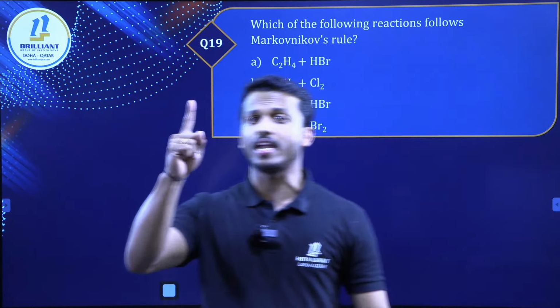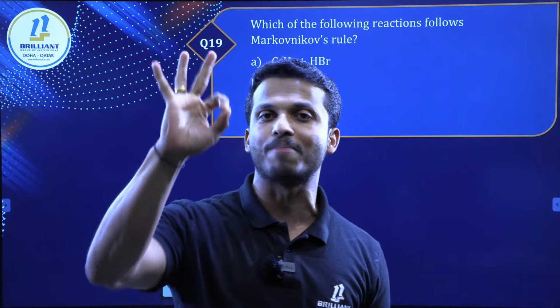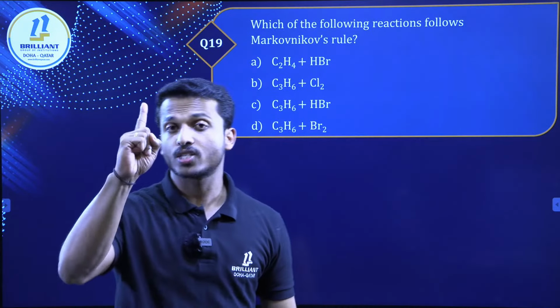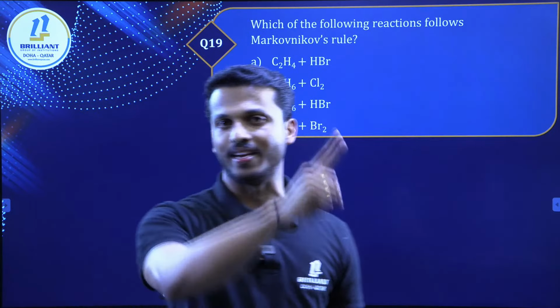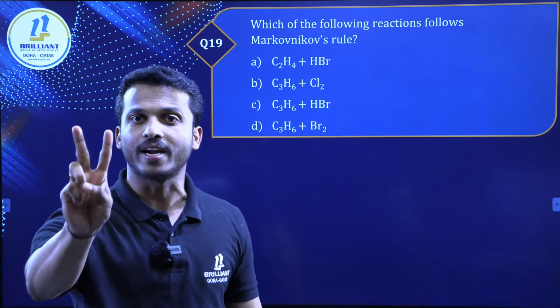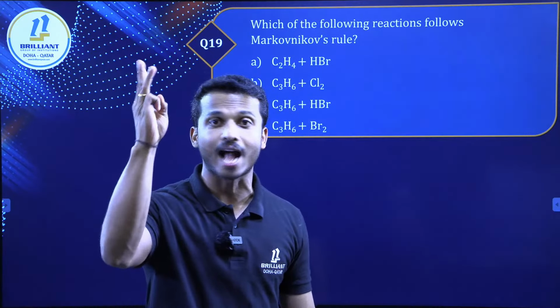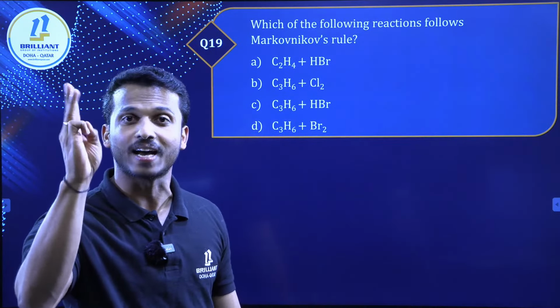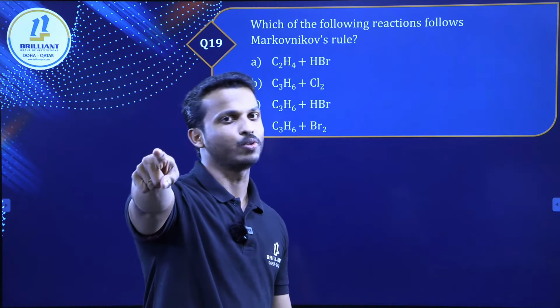Keep these three things in mind. One, it is only applicable to unsymmetrical alkenes. Second, the adding species should contain a positive and negative charge. And the reaction happens in the absence of peroxide. These are the conditions to undergo Markovnikov's rule.